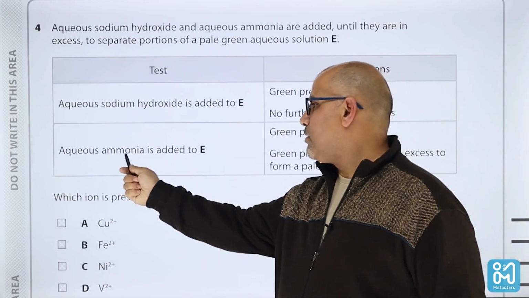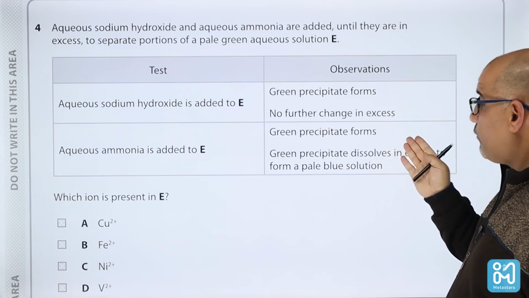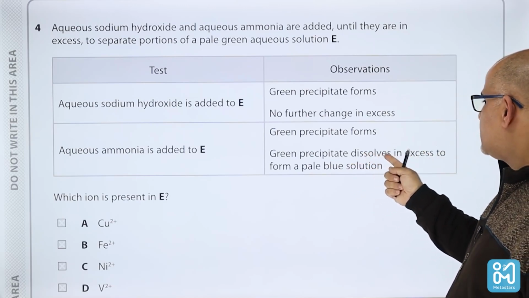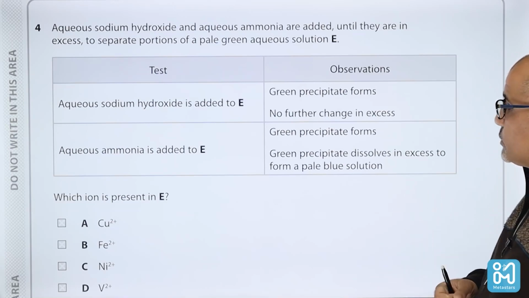When aqueous ammonia is added to E, the green precipitate forms and dissolves in excess to form a pale blue solution.